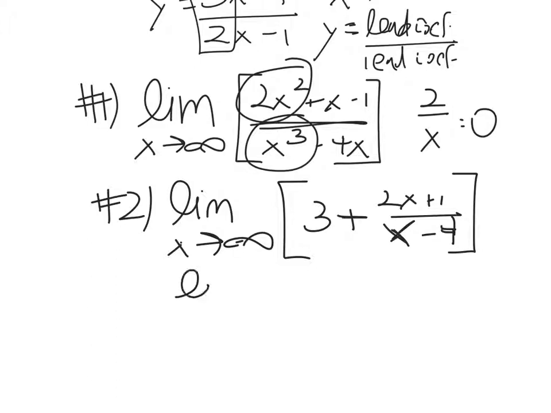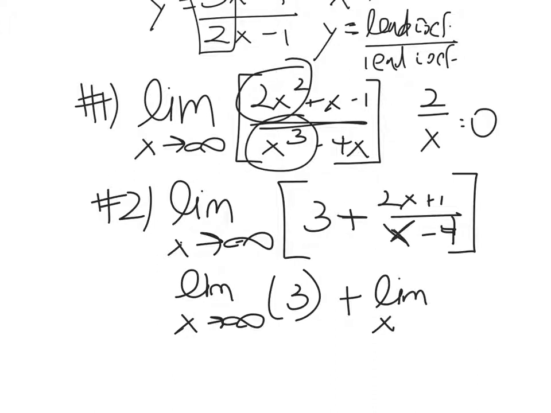So we're going to take the limit as x goes to infinity for 3 plus the limit as x goes to infinity for 2x plus 1 over x minus 4. So you split it up into 2 limits.